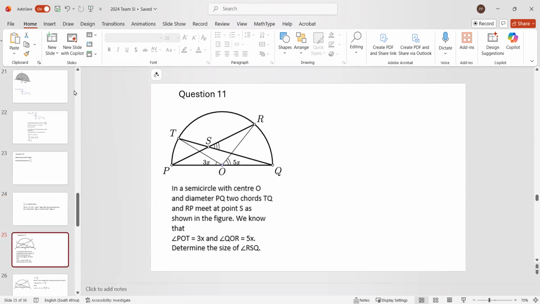Okay, so problem 11 is a geometry problem. As you can see, you get a semicircle with center O. All right, so the center is O, so that means all the points from O to the boundary are all equal because they are all radii.